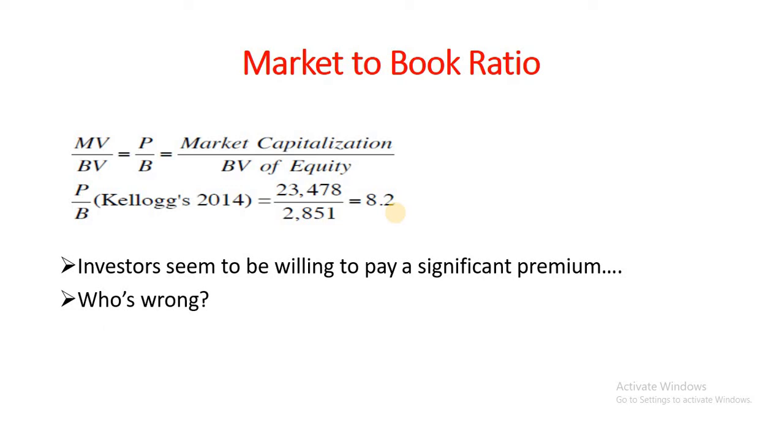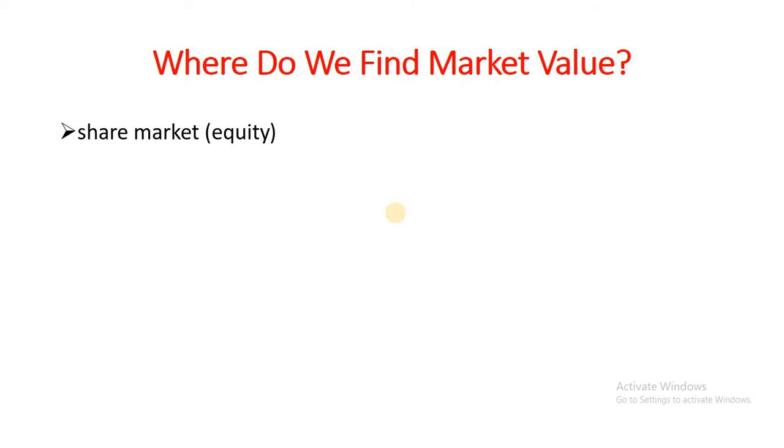Now the question is, who is wrong? Normally in finance, we believe that market is always right, without some exception. Like during financial crisis, we know that market often behave abnormally. How do we find market value? For equity, we can get the value from share market.